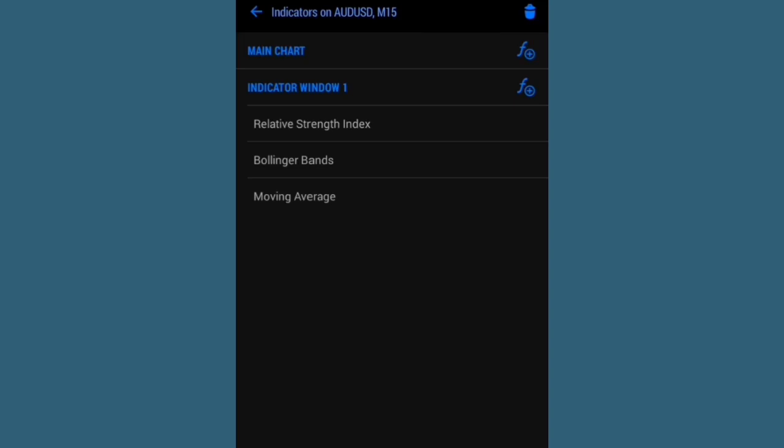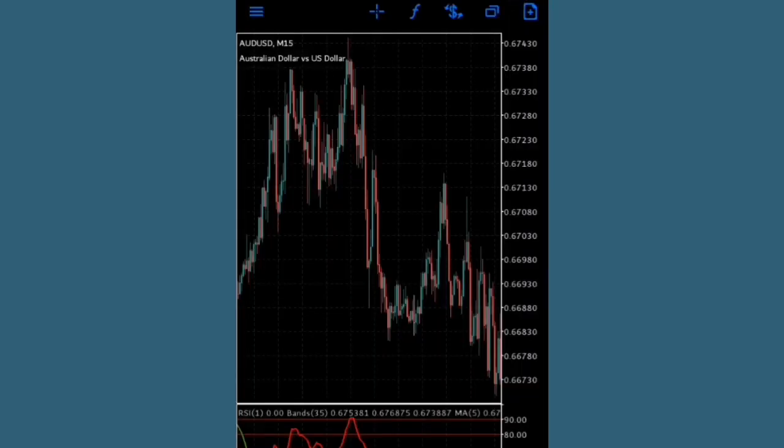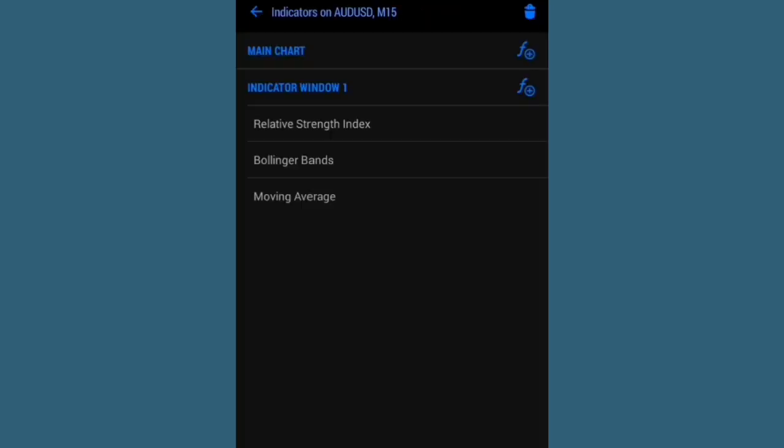On indicator window 1, you insert Bollinger Bands with these settings. After inserting the Bollinger Bands, you click done.